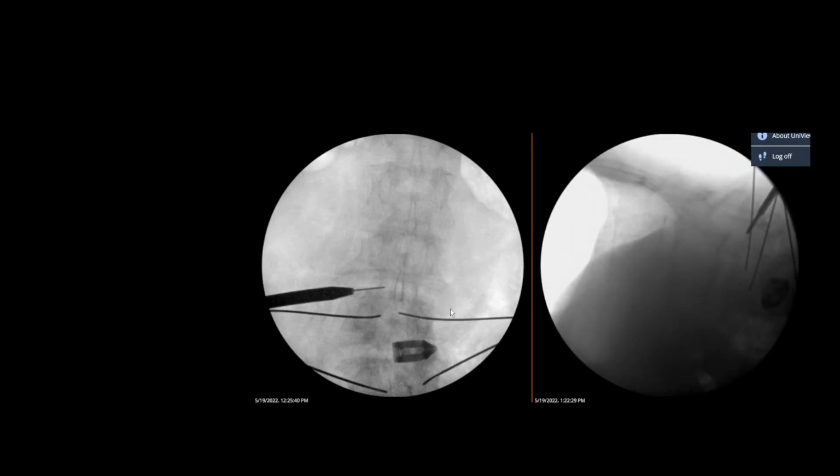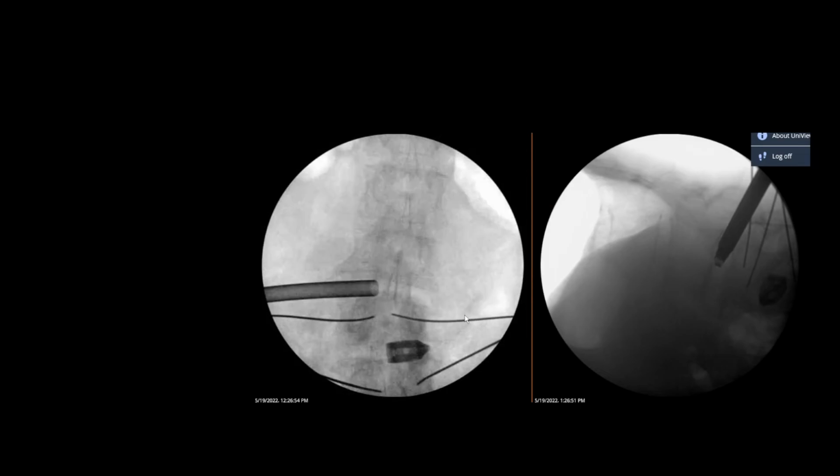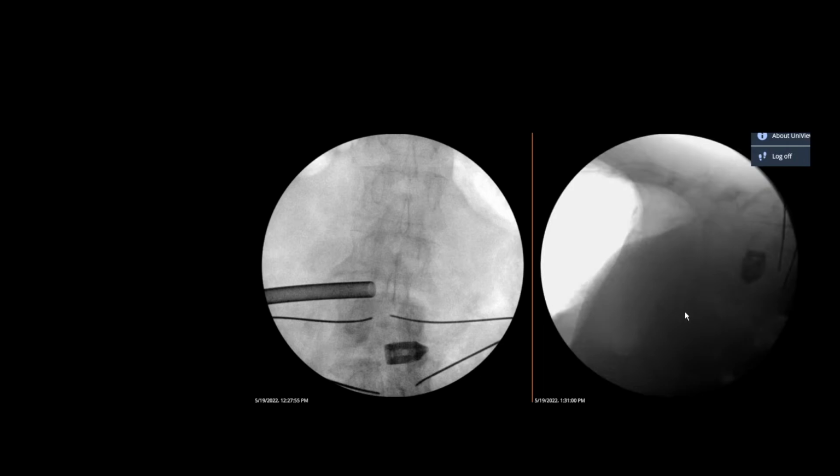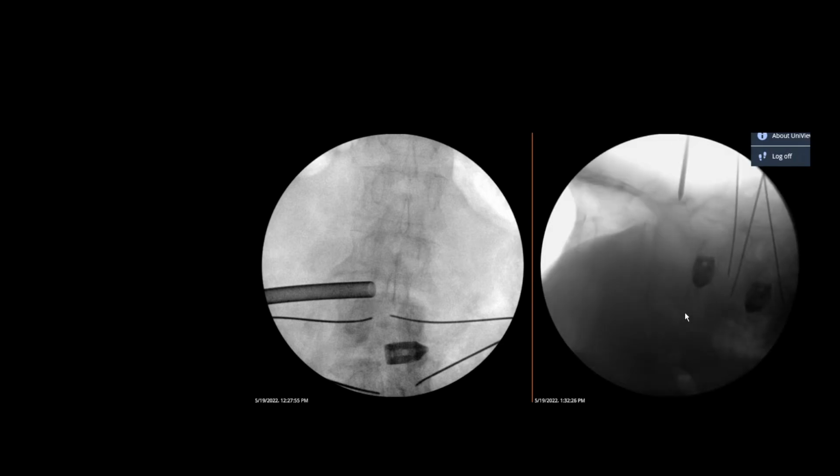Here we enter it, and again after preparation we put a cage again to the other side, to the right side, to correct for scoliosis.